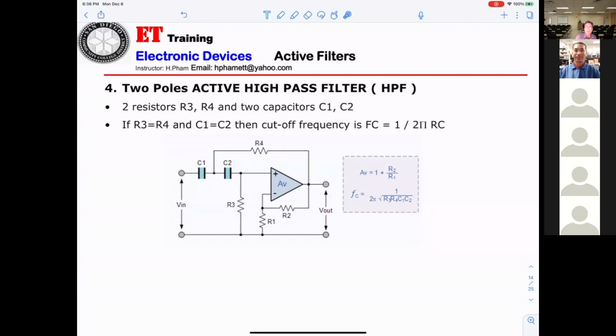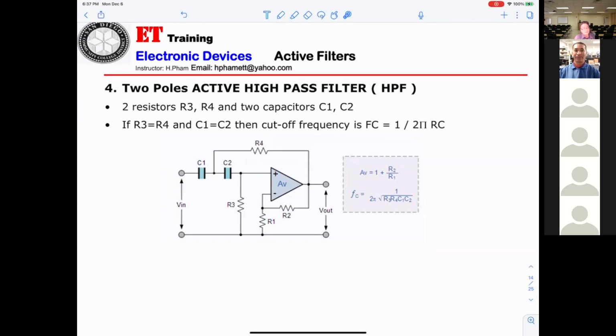What's the name of this op-amp? Non-inverting? Exactly. Non-inverting.